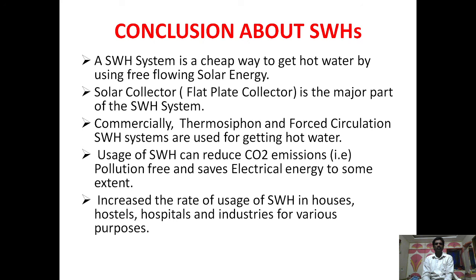Generally, we can produce hot water using two systems: one is the thermosiphon system and the second is the forced circulation system. The usage of the solar water heating system can reduce carbon dioxide emissions. That means it is pollution free and saves electric energy to some extent.